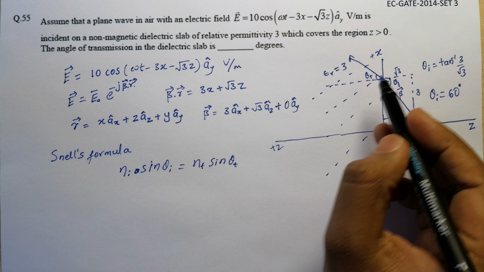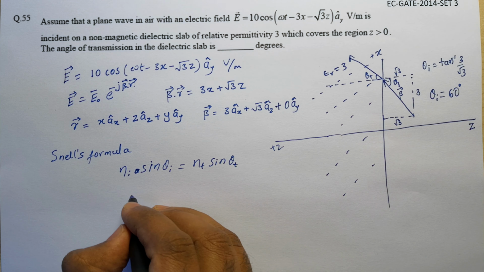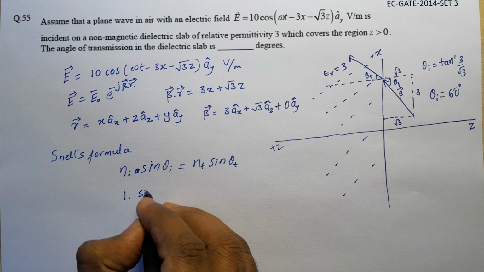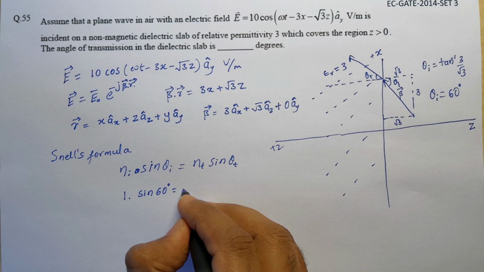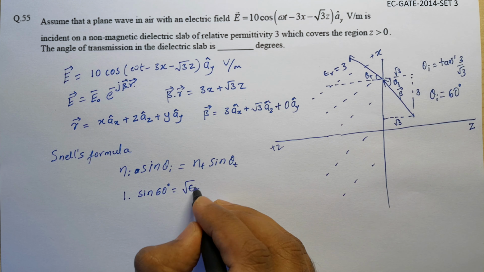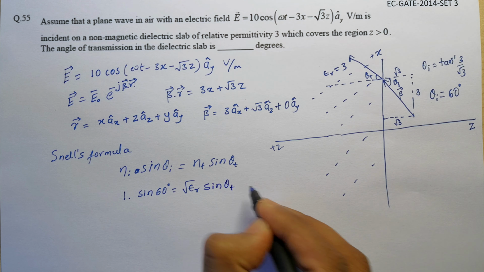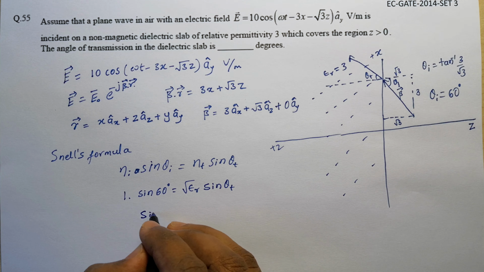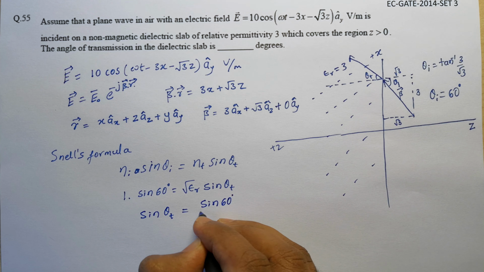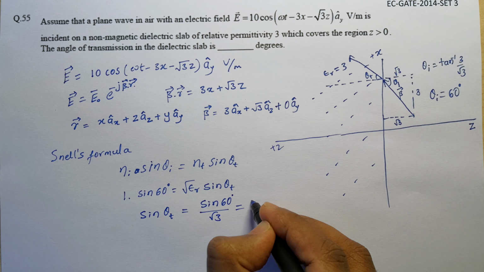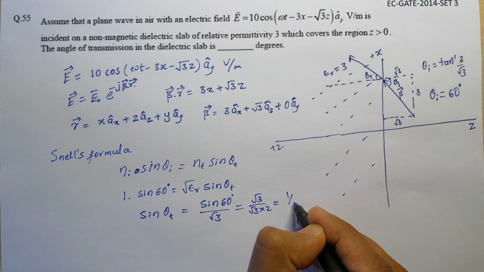If we apply the Snell formula here, Ni is coming from the free space, so Ni is just 1, and sine of 60 is equal to Nt, which is the square root of epsilon r of this dielectric slab, times sine theta t. So, sine theta t is equal to sine of 60 divided by root 3, which is root 3 by root 3 into 2, which is just 1 by 2.